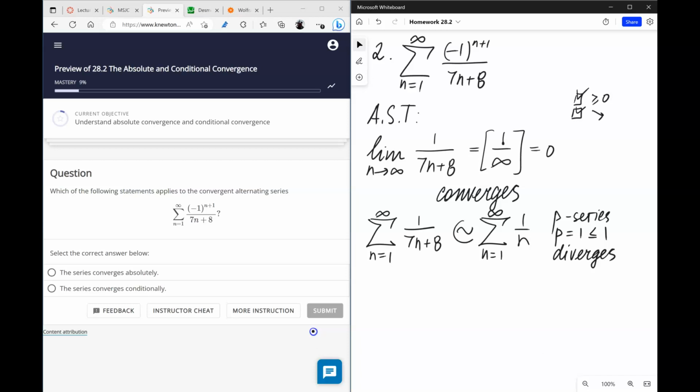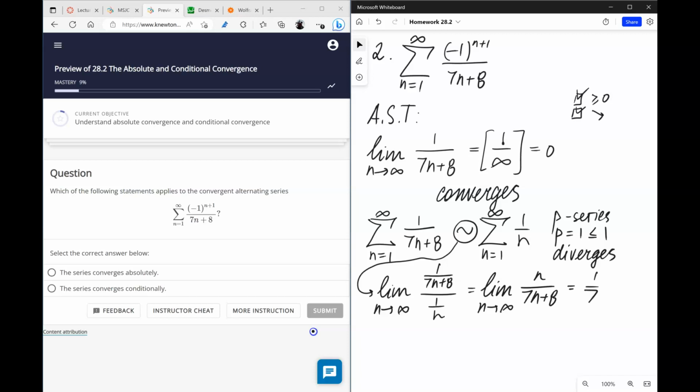Now to establish this equivalency in terms of their behavior, we have to set up this limit as n goes to infinity. By now we are more comfortable with these types of limits, and this is a number less than infinity and greater than 0.